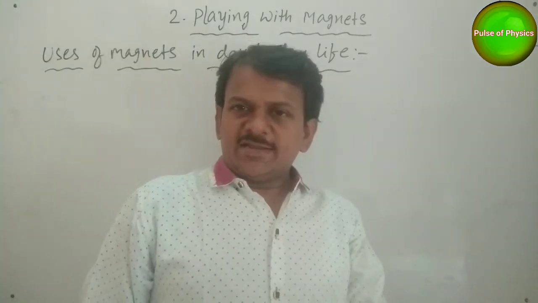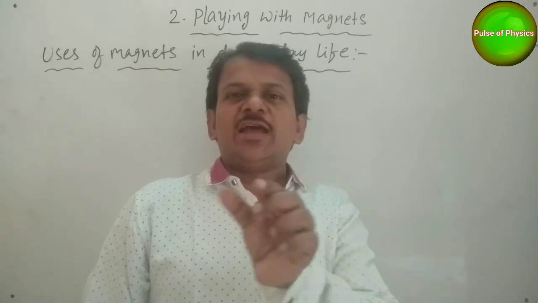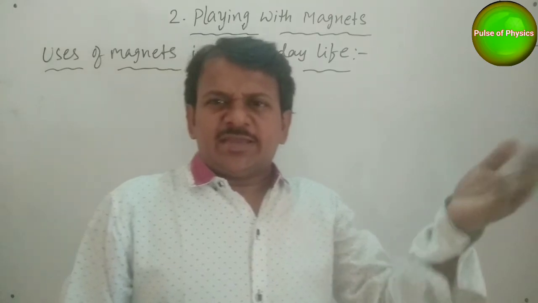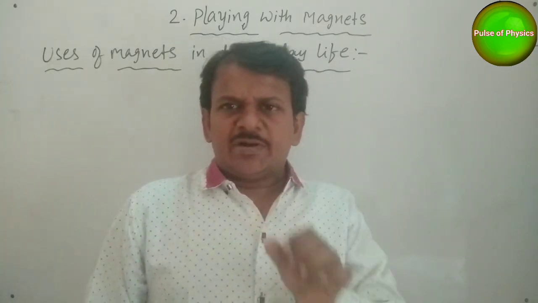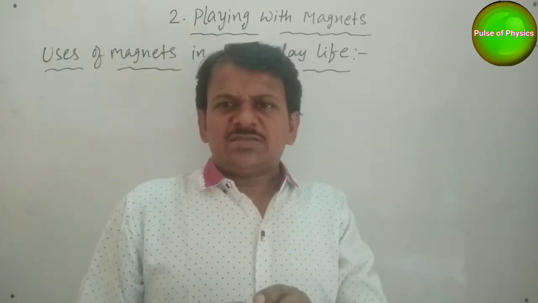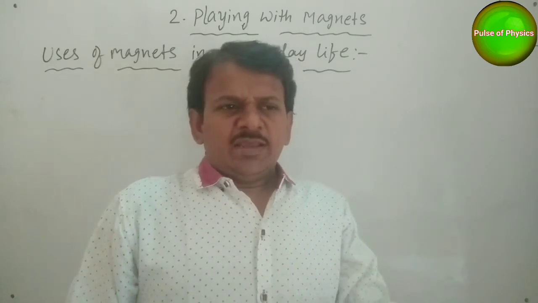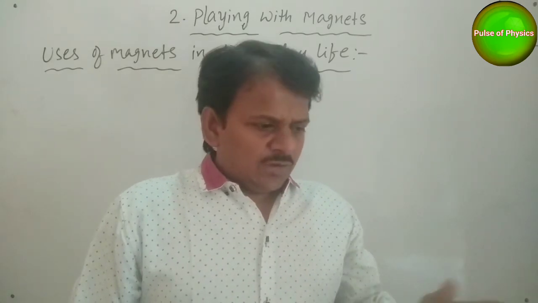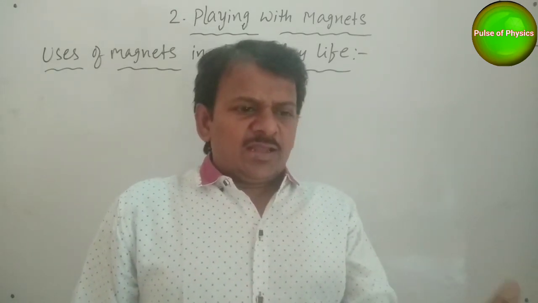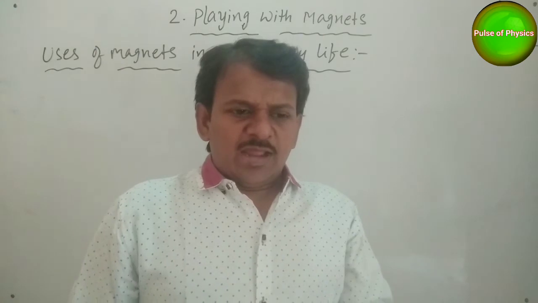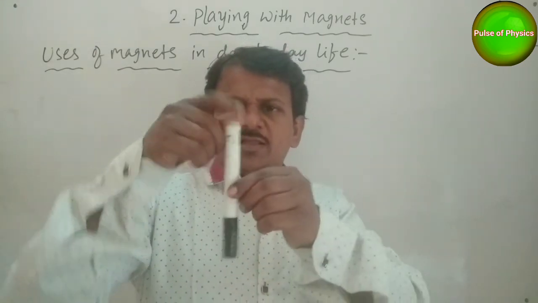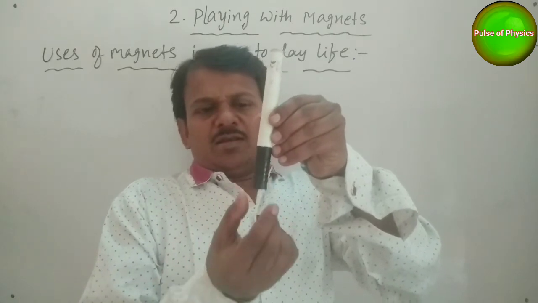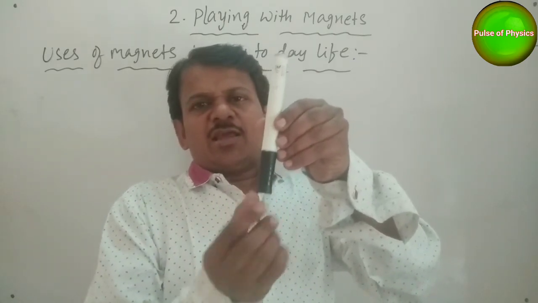Right? Let us discuss the story of the magnet. About 2005 years ago, there was a shepherd whose name was Magnus. He went to the forest with his sheep. He was taking care of the grazing of the sheep, and he used a stick. The stick had a metal cap at its bottom.